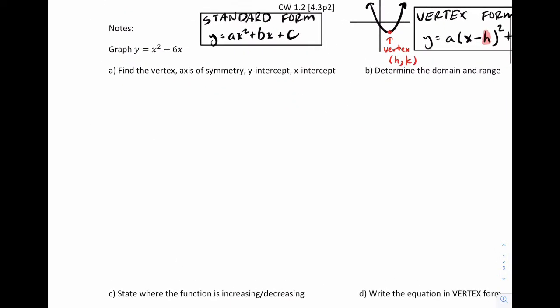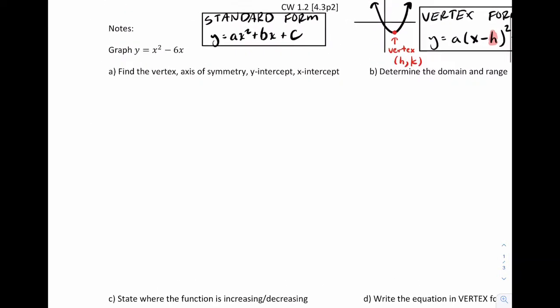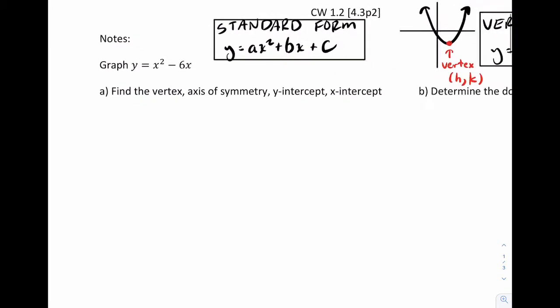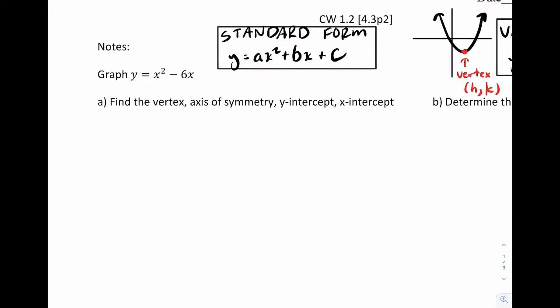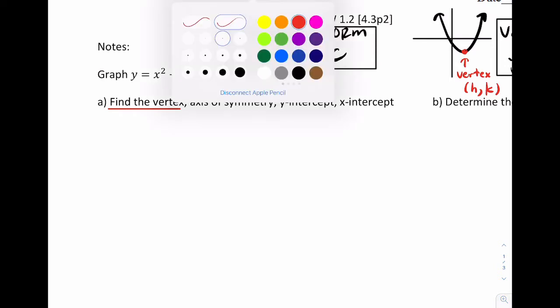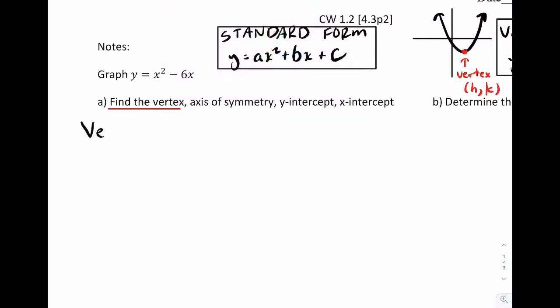So let's start with our first equation here. It says graph that equation, find the vertex, axis of symmetry, y-intercept, and x-intercept. The first thing I'm going to do is find the vertex. Now to do that, we have a really nice formula.